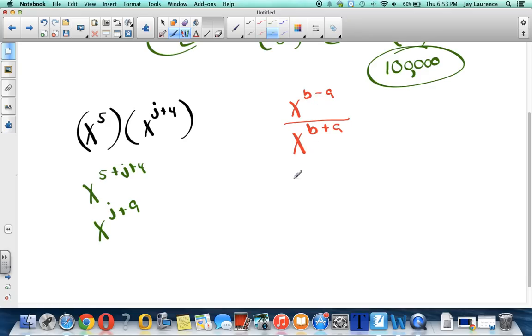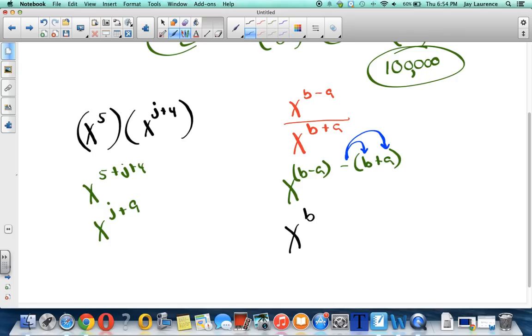Here is a division problem, dividing like bases. I'll have to subtract exponents, and so when I do that, I will get x to the b minus a, I'll put it in quantity, minus b plus a, and then look at this, I have to distribute the negative. Yeah, it doesn't matter, that's in an exponent form. It's still going to behave the same way.